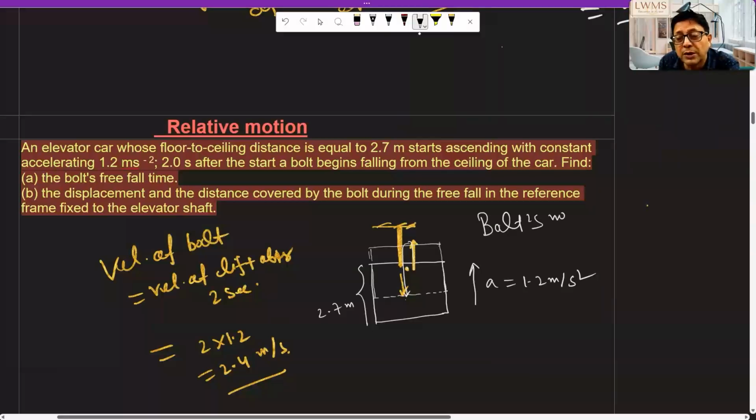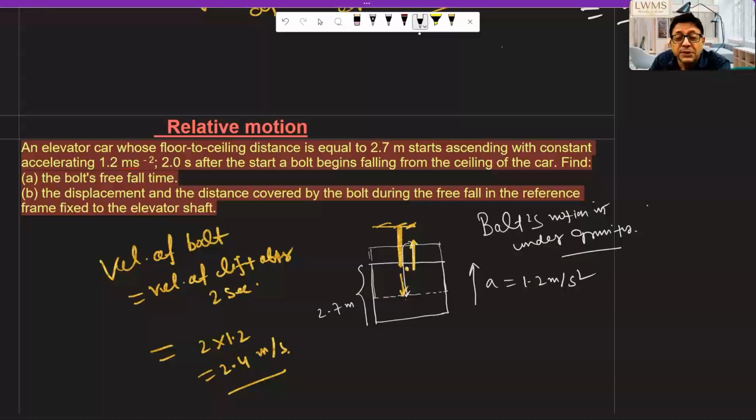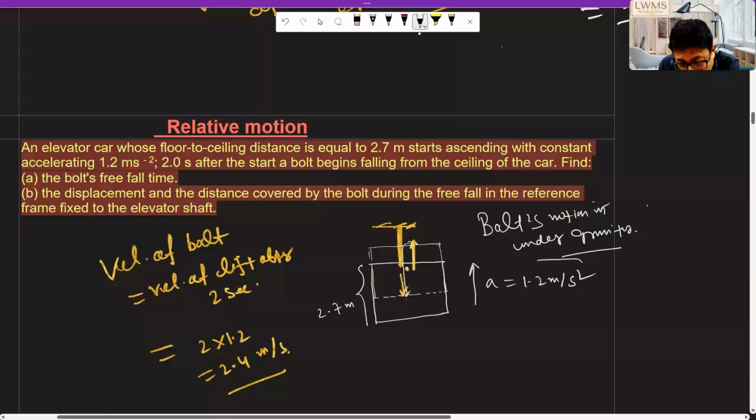The bolt's motion is under gravity. Clear? The motion of the lift is under this acceleration.